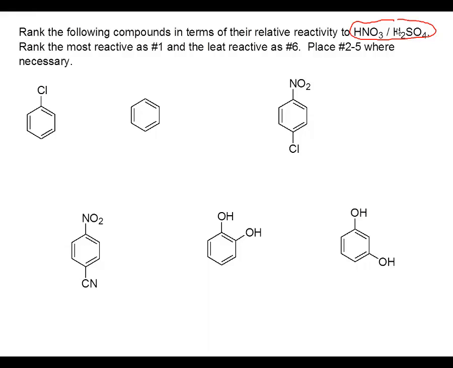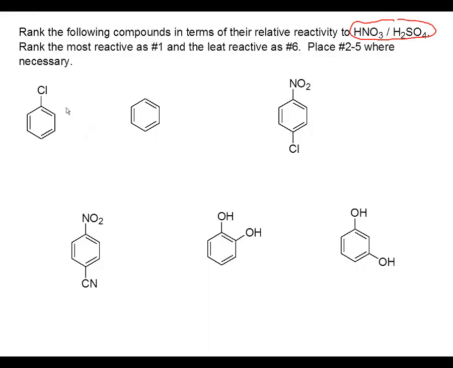Probably we couldn't use the Friedel-Crafts, however, because a couple of these are actually unreactive in the Friedel-Crafts reaction. So we'll get some ties if we did the Friedel-Crafts reaction. Scoreless ties. Alright, so let's look at what we have here.